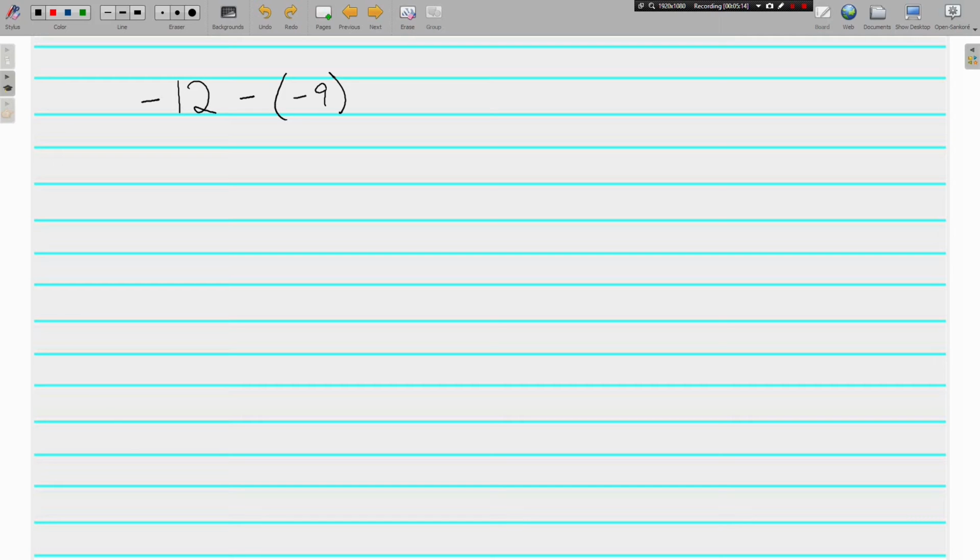It just helps me stay organized. But I don't like two signs in a row. I'm going to rewrite it. Subtracting a negative is the same thing as adding.